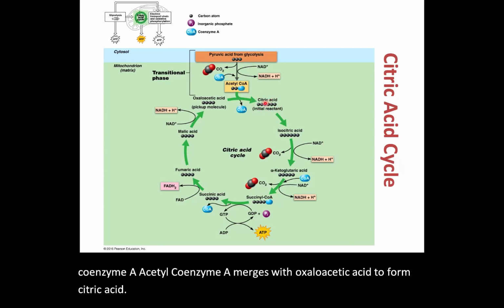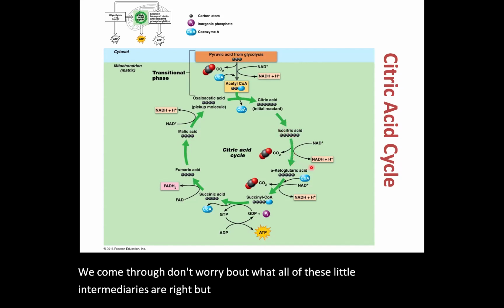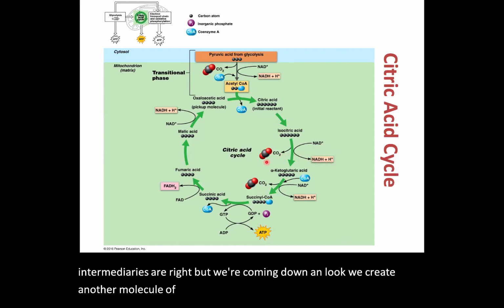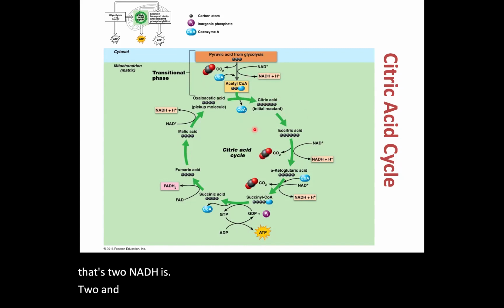Then watch. Don't worry about what all of these little intermediaries are. We're coming down, and look, we create another molecule of NADH and another molecule of CO2. So now that's two NADHs and two CO2s.